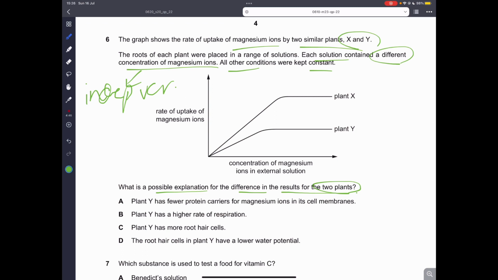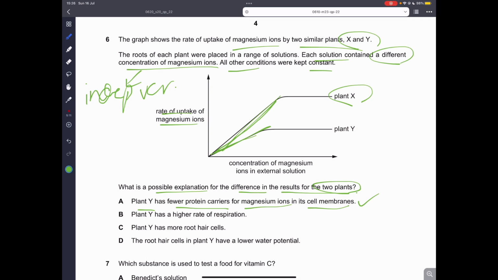Let's see. We can see that plant X has a steeper graph than plant Y, and it has a higher uptake of magnesium ions than plant Y. So what can we say about this? Plant Y has fewer protein carriers for magnesium ions in cell membranes. This is correct. Why is plant X taking up more magnesium ions than plant Y?